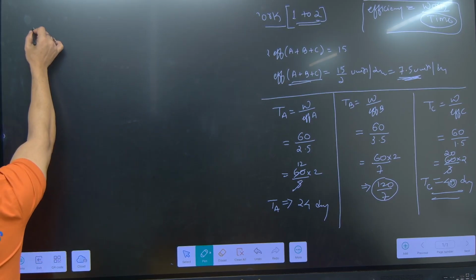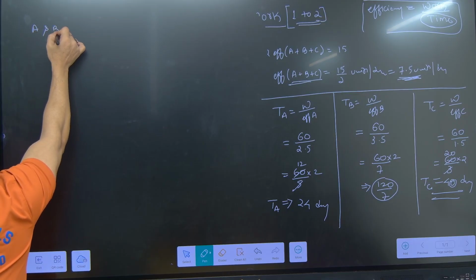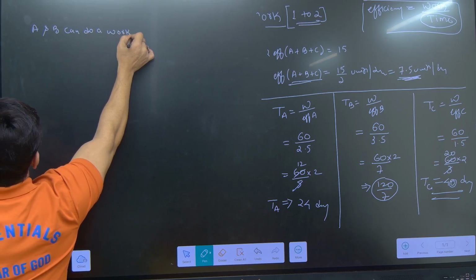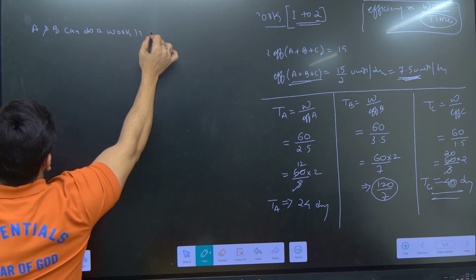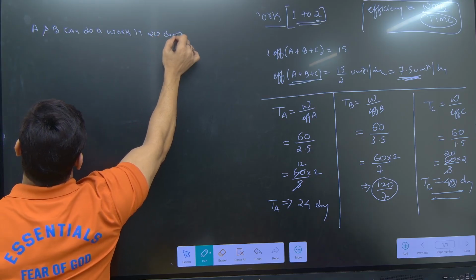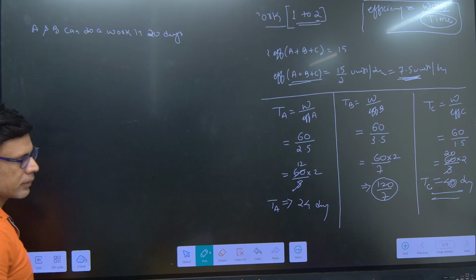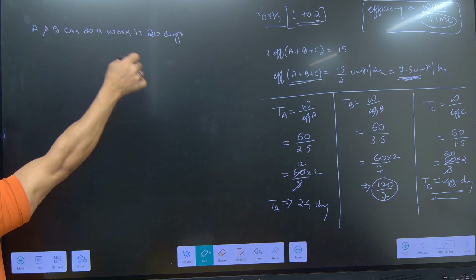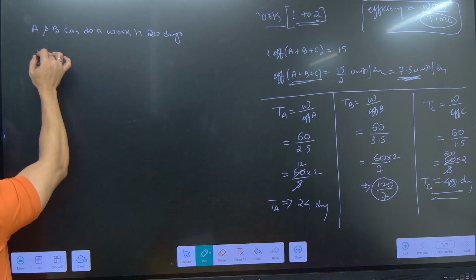Let's say it is given that A and B can do some work in 20 days. They together can do this work in 20 days.